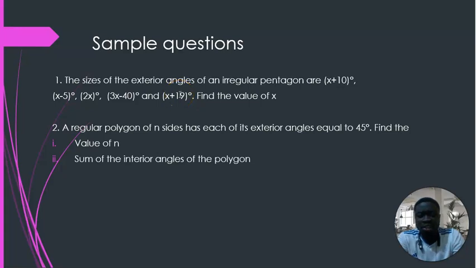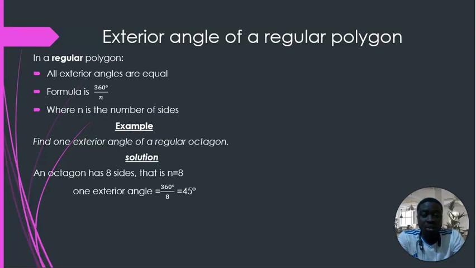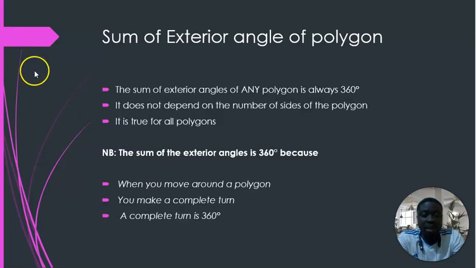So what are we doing? We are going to sum up all of them and equate it to 360 degrees. You remember that when you sum up the exterior angles of any polygon, it is equal to 360 degrees.